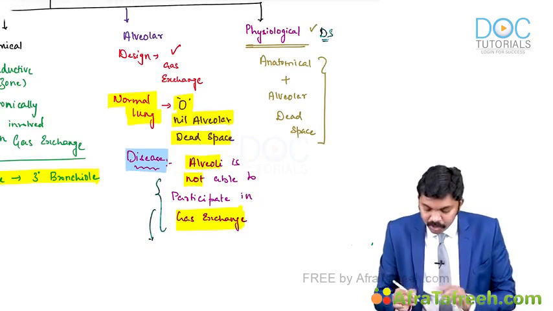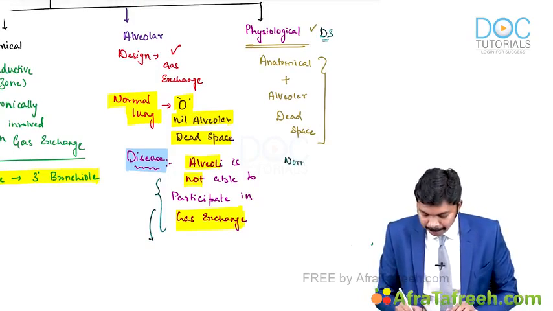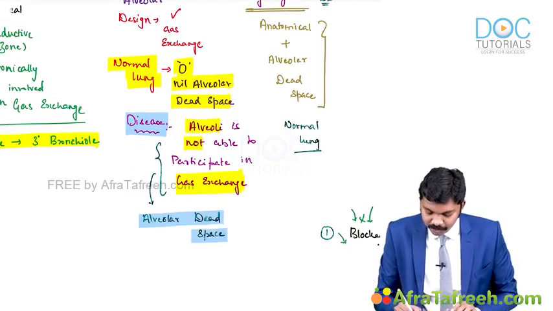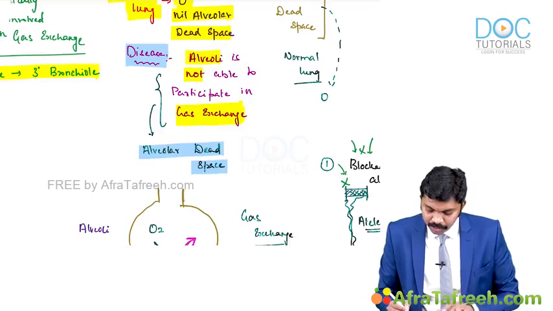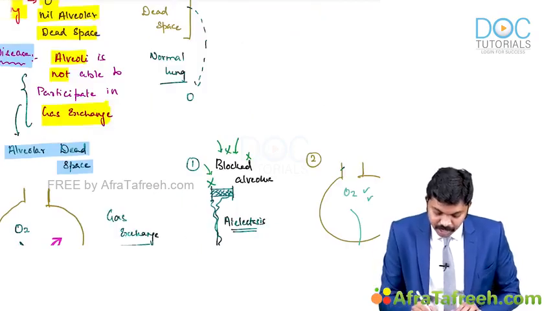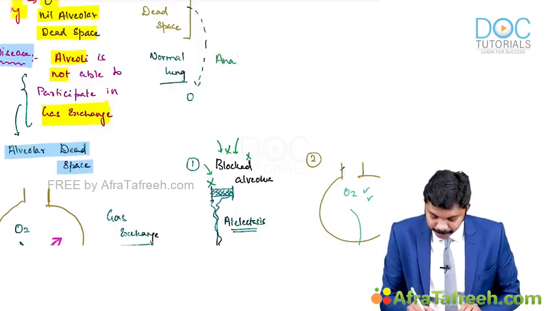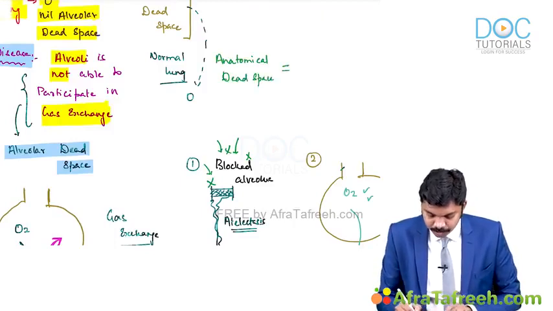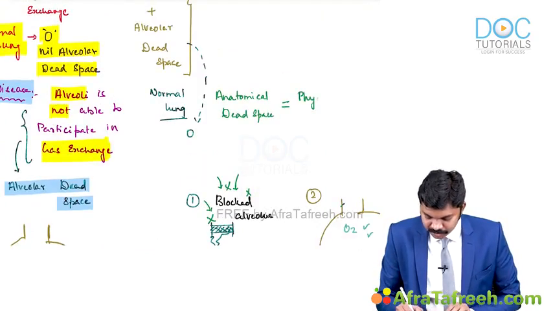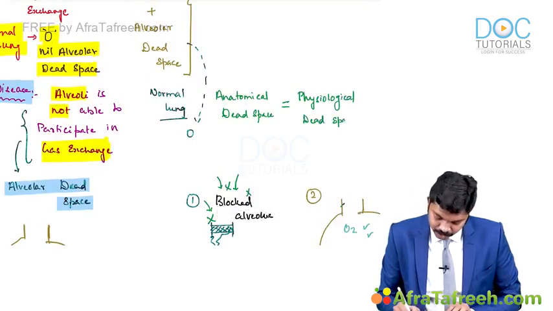Okay. Now, in a normal lung, alveolar dead space is 0, and my dear friends, anatomical dead space is equal to physiological dead space. You know the reason why?